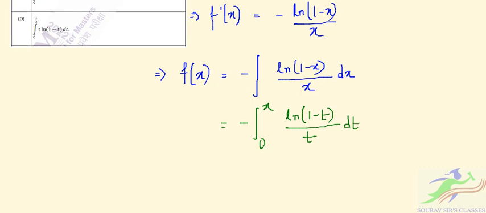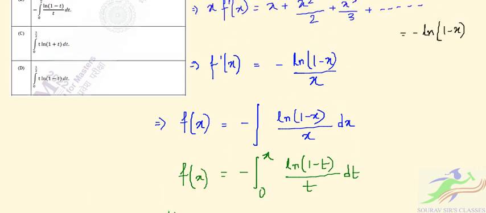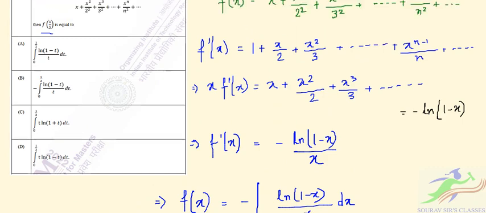So this is for f of x, right? So for f of half, it will be minus of 0 to half ln 1 minus t by t dt. This will be the correct answer for f of half. Let's check with the options. Here the option is B, minus 0 to half ln 1 minus t by t. So B will be the correct option.